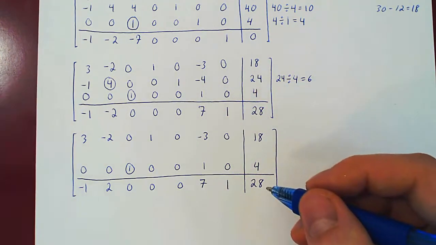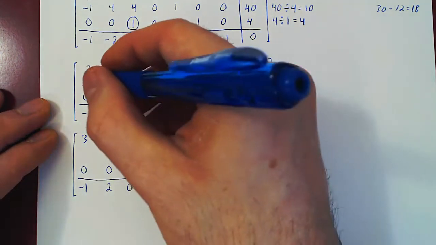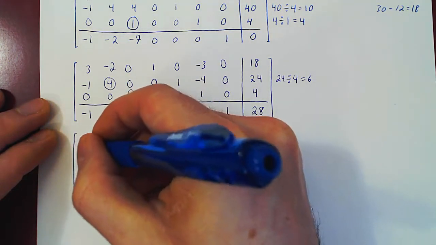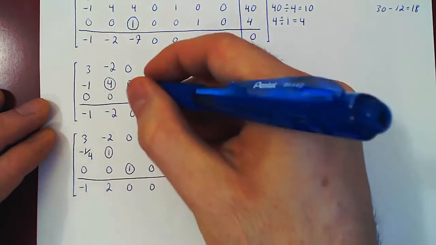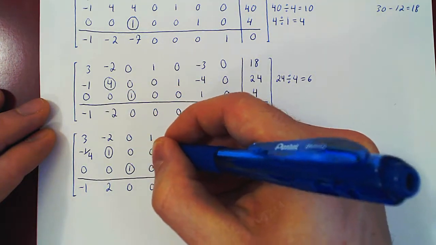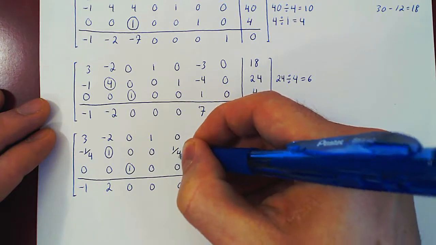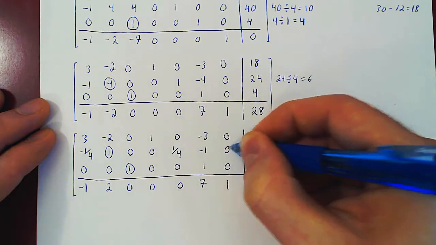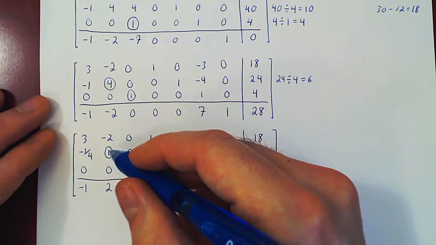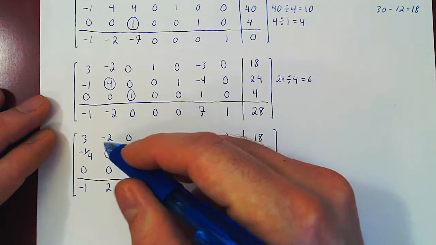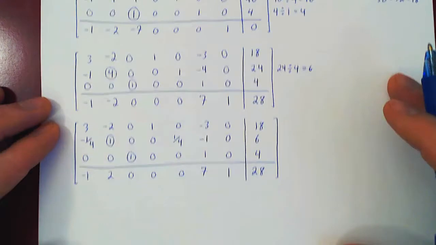And I'll multiply row 2 by 1/4. So I have negative 1/4. Our second pivoting 1, 0, 0, 1/4, -1, 0, +6. Now that we have our second pivoting 1, we must kill the entries both above and below.